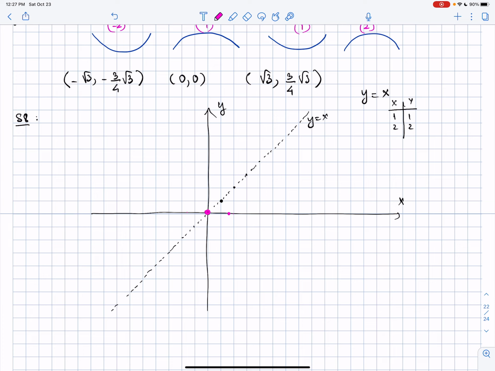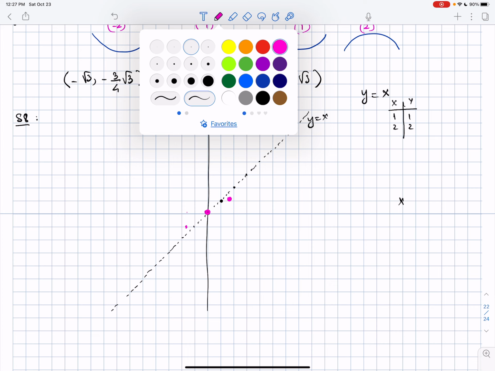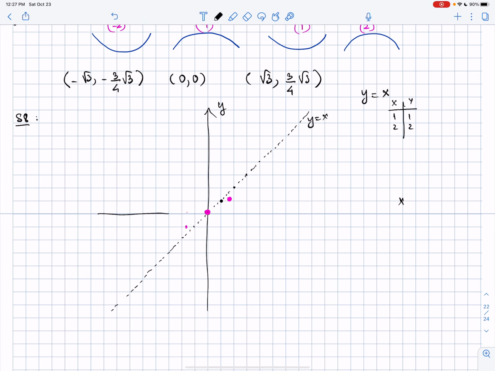Then we have 3 square root of 3 over 4. So that's something like this. Something like this, right? Okay. And then we will connect them and also remember the increasing, decreasing. The graph is always increasing.